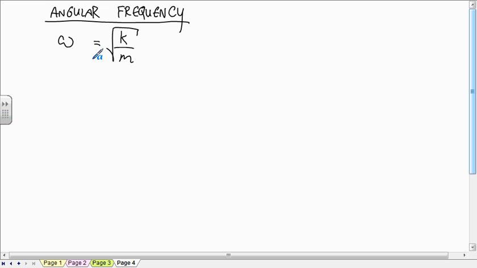And so, like I just said, increasing the spring constant causes an increase in the angular frequency. Increasing the mass causes a decrease in the angular frequency. And you can see mathematically that that works out.